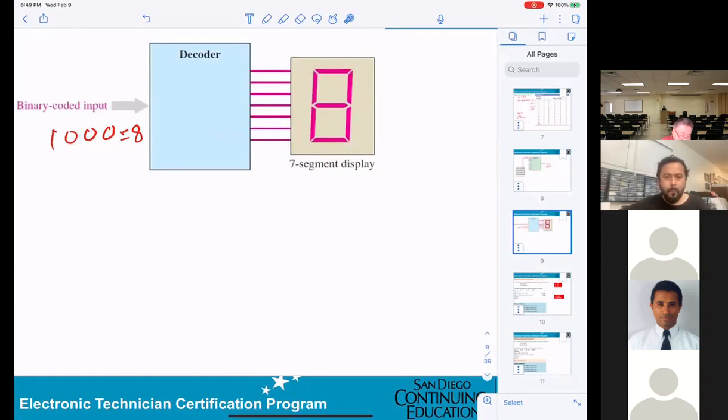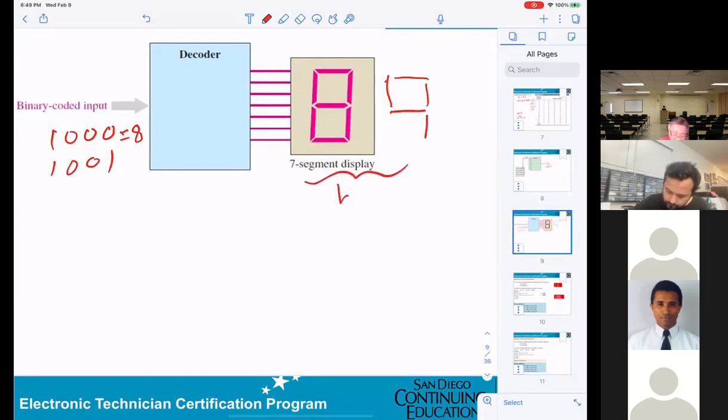If the computer is sending out number 9, 1001, here they will display number 9 for you. Okay, so basically that is for the human and this is for the computer.